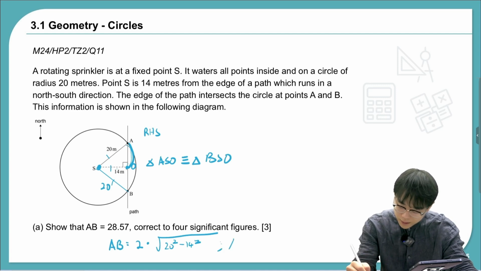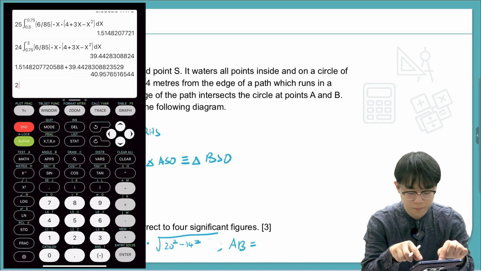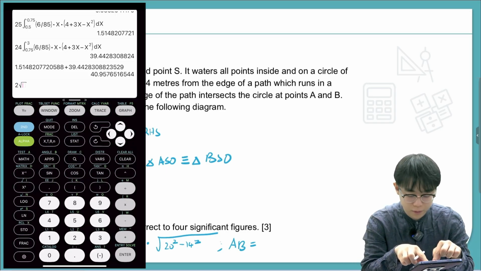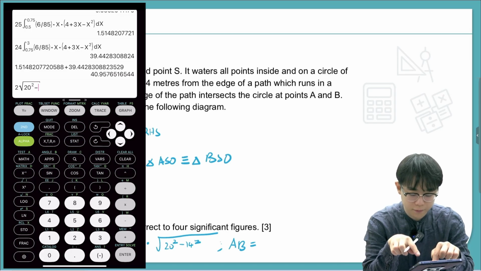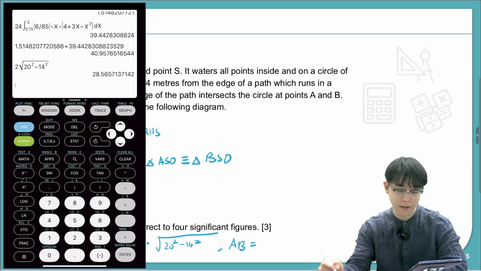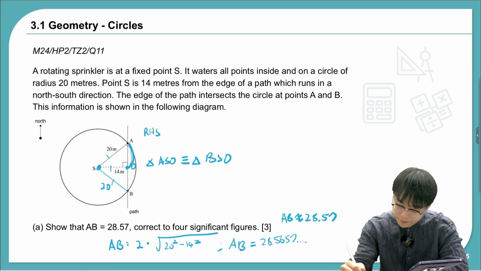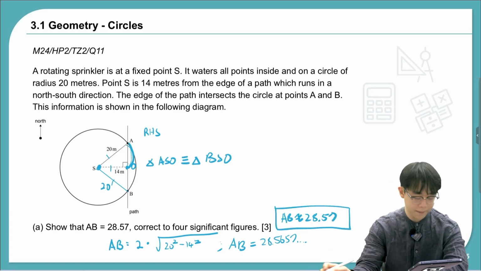So AB, using our calculators, we have 20 squared minus 14 squared. So that's going to be 28.5657. Continuing, so AB would roughly round to 28.57. Right? So that's how you would do part A.